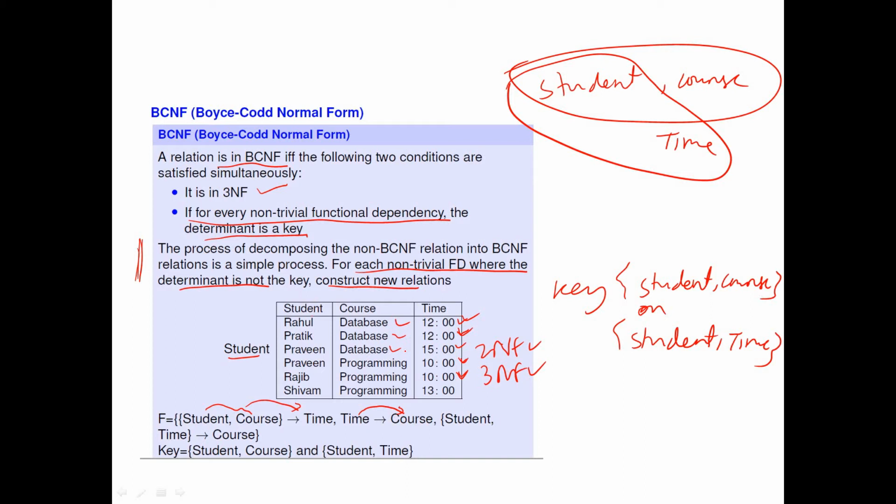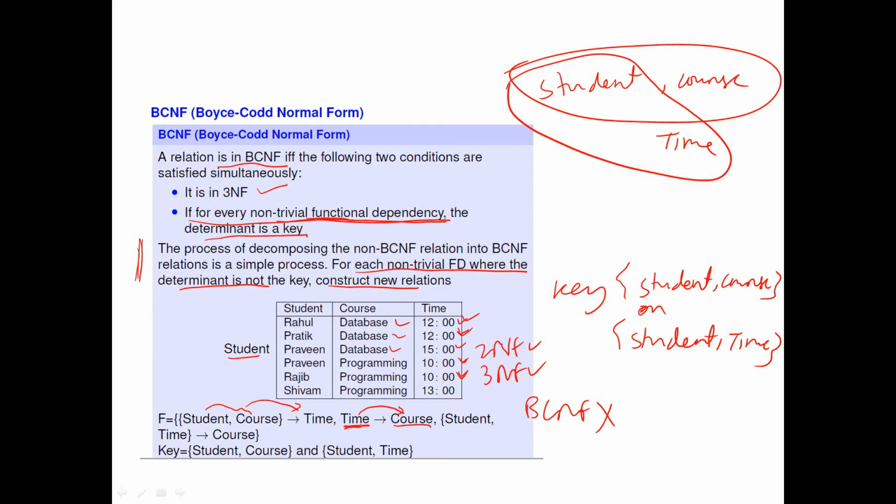As per this BCNF rule, for every non-trivial functional dependency, the determinant should be the key. If I consider the functional dependency time to course, is the determinant time the key of the table? No. That means it is not present in BCNF. Once again, the time is the determinant and time is not the key.